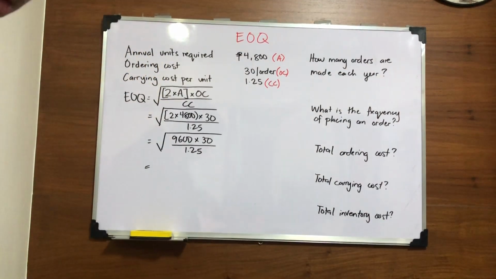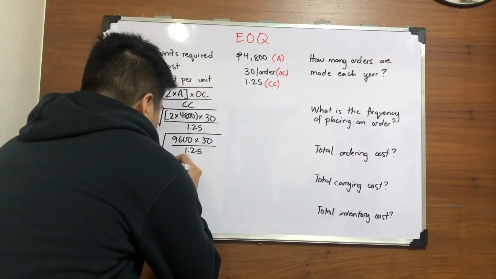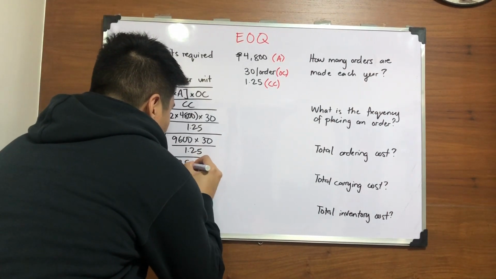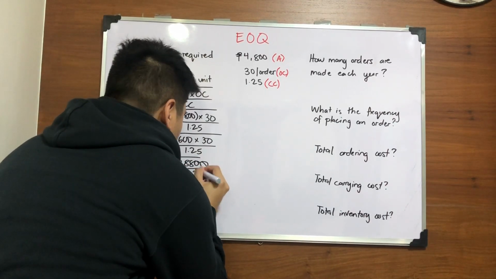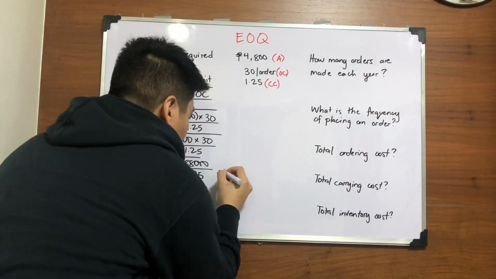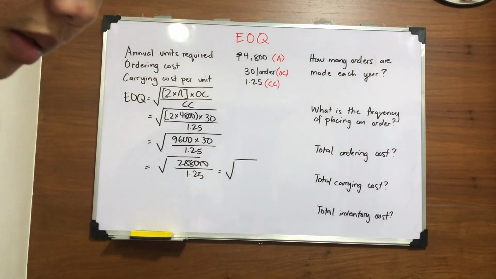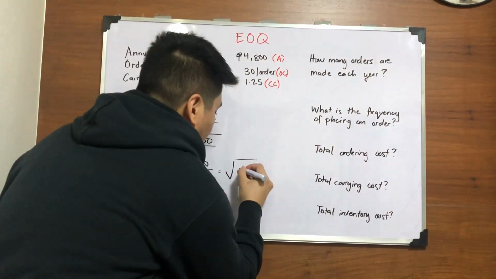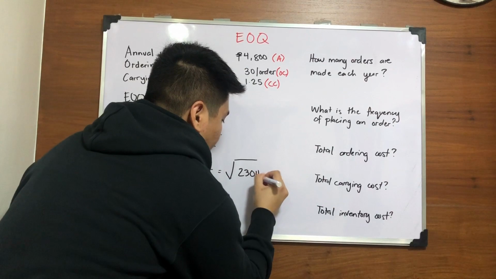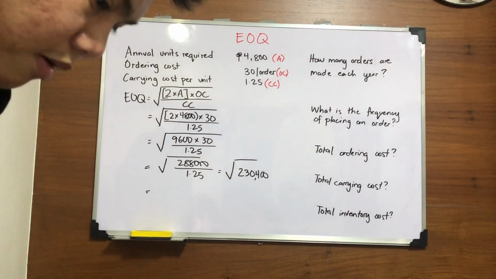Okay, so 96 times 30, 288. Here you will get 288 divided by 1.25. You will get 230,400, and the square root for this would be 480.